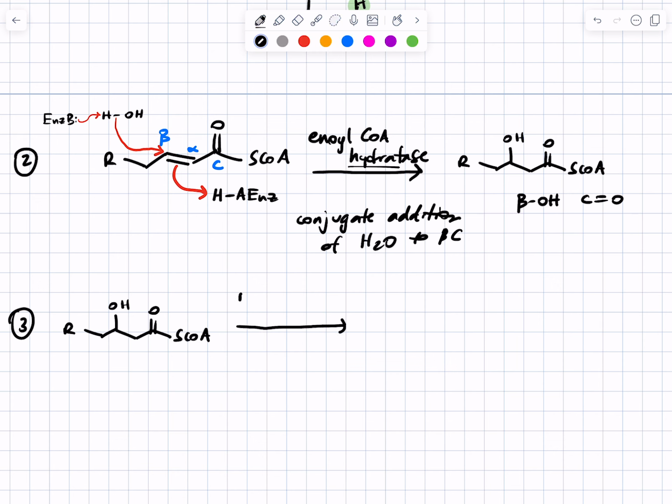So this reaction is going to involve NAD plus. We're going to get NADH out. A proton will be removed in the process. Understand that I'm just saying a base removes a proton, not that a proton flies off into space. And the product that we get is this now beta keto thioester.